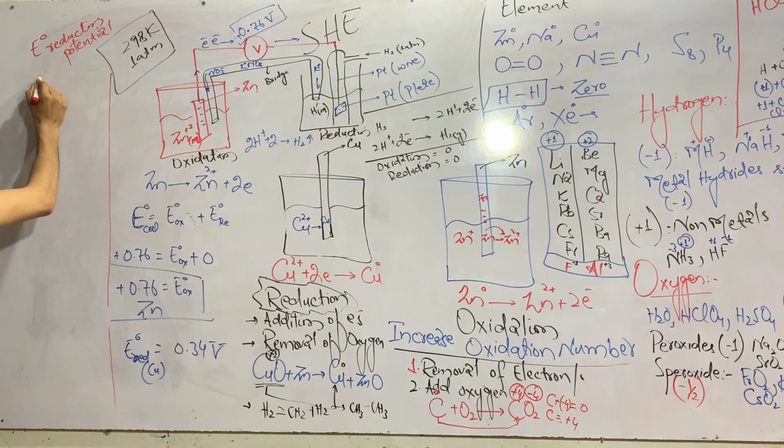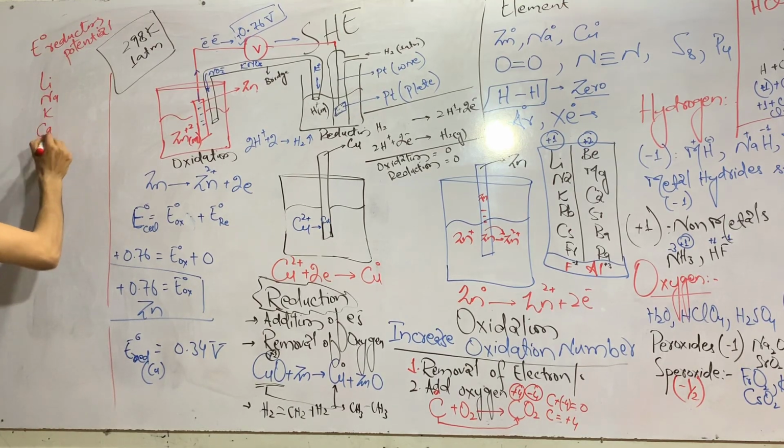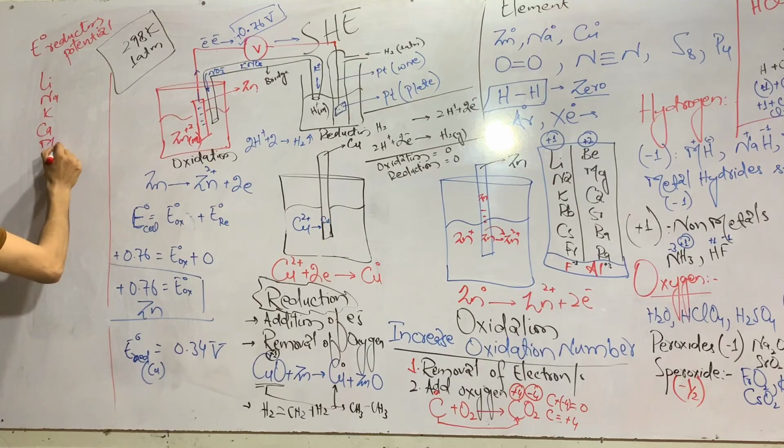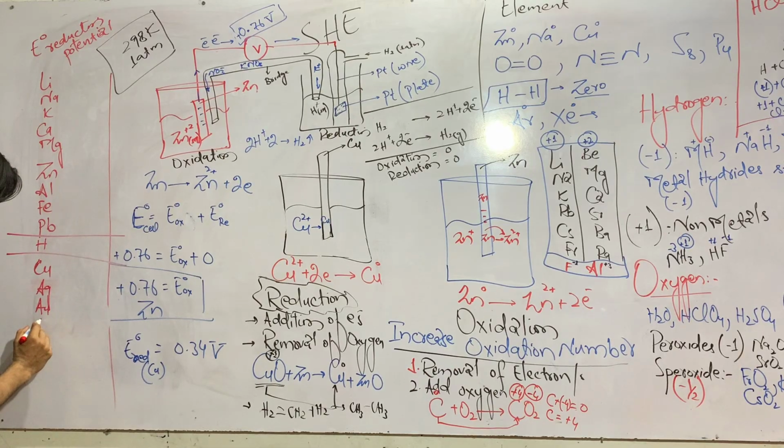At the top of the list I had lithium, then sodium, then potassium, etc. This is not perfect, but I am just giving a hint. And then zinc, aluminium, iron, lead. Then I got hydrogen, and then copper, silver and gold, and then chlorine.